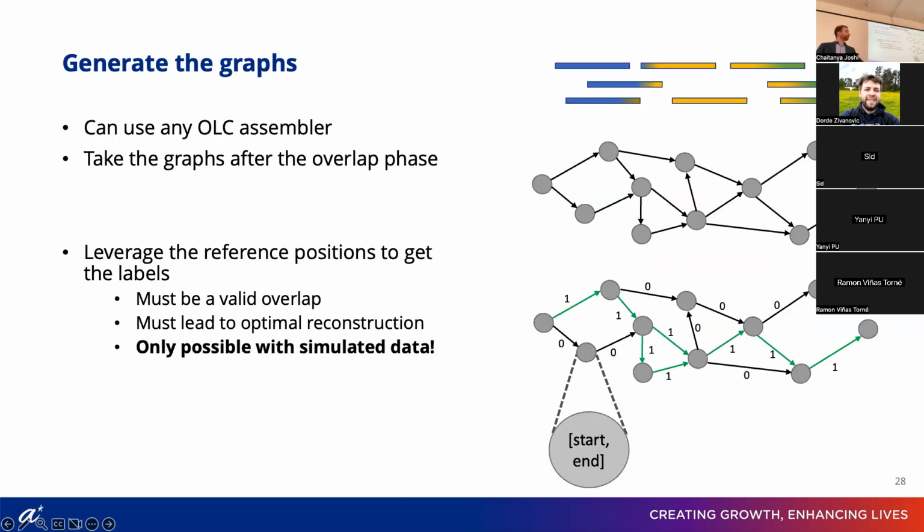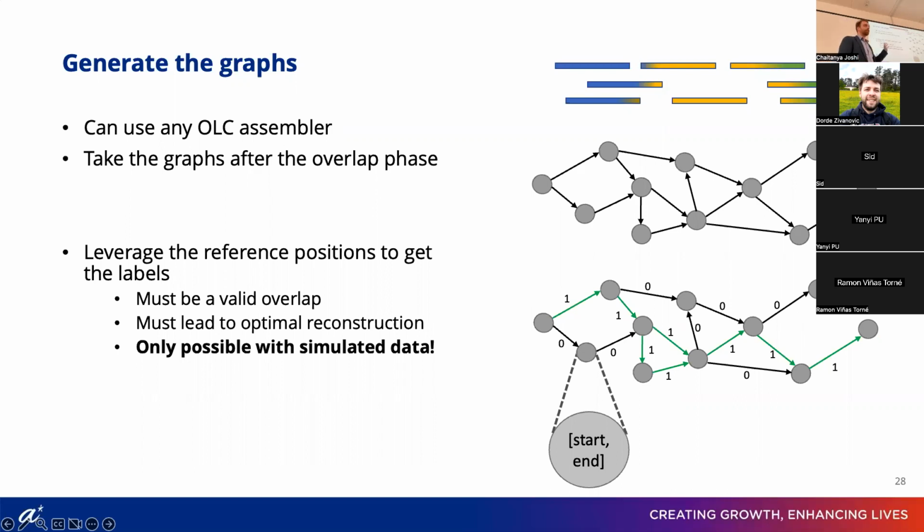After this, we generate the graph, and in theory, we could use any assembler that follows this paradigm of constructing assembly graphs from the sequences. We take the graphs from the overlap phase, which I stated earlier, without any simplifications done on them. Each graph contains all the information about the overlaps, no edges removed.